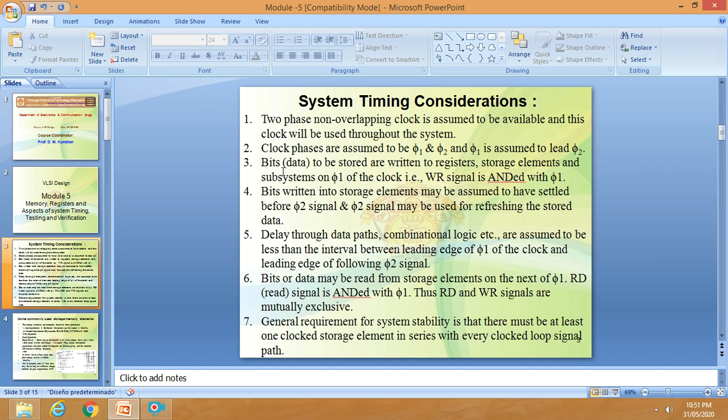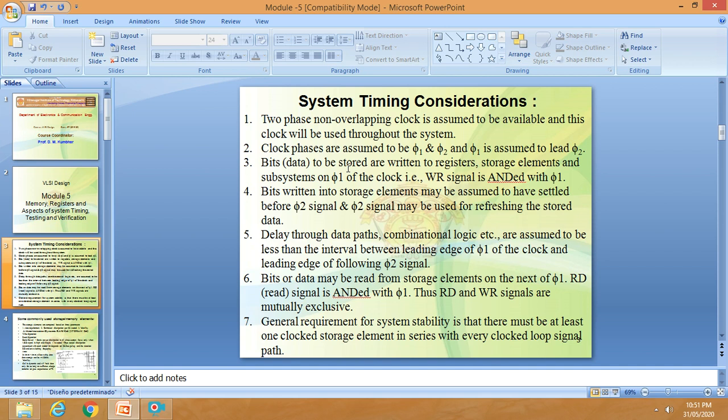Another consideration is that the data bits to be stored are written to the register, storage element and subsystem on the phi 1 clock cycle. That is, the write signal is ANDed with phi 1. Data will be stored on the phi 1 clock cycle.